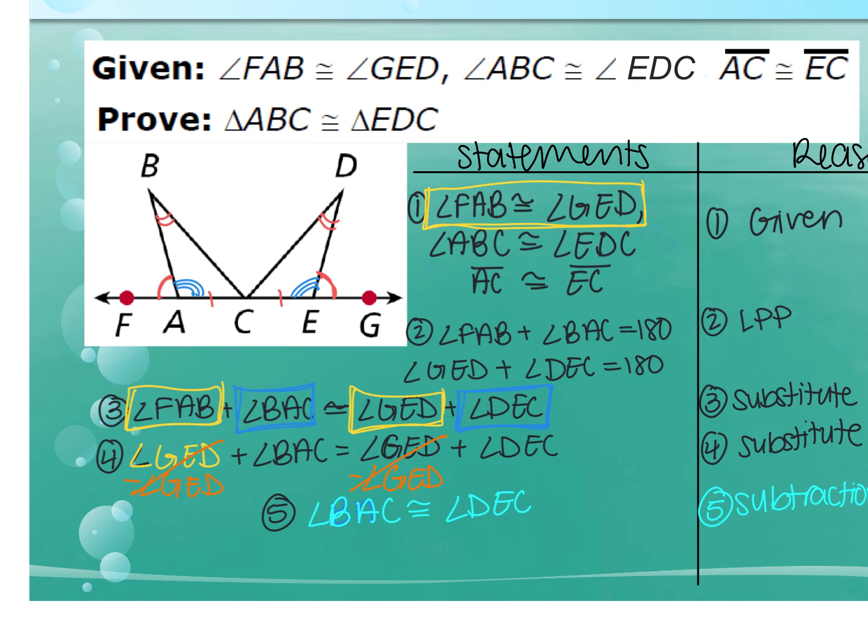Now, do I have enough information to prove that these triangles are congruent? Yes, of course I do. So how are these triangles congruent? Triangle ABC is congruent to triangle EDC by what?